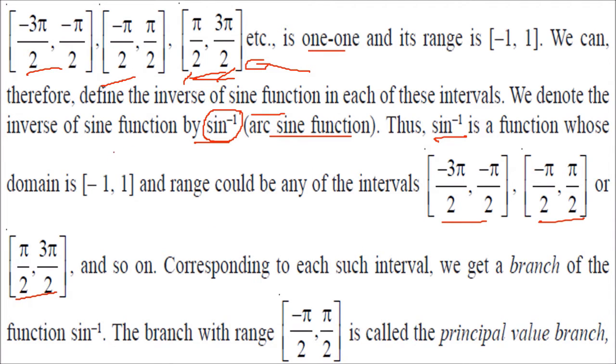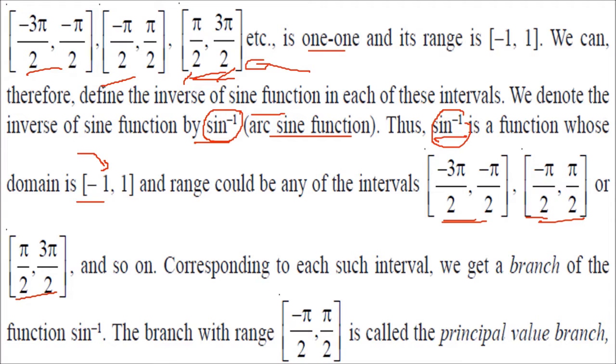Sine theta has range -1 to 1, but for sine inverse, the domain is -1 to 1 and the range can be this, this or this. The arc sine has changed the domain and range of sine.